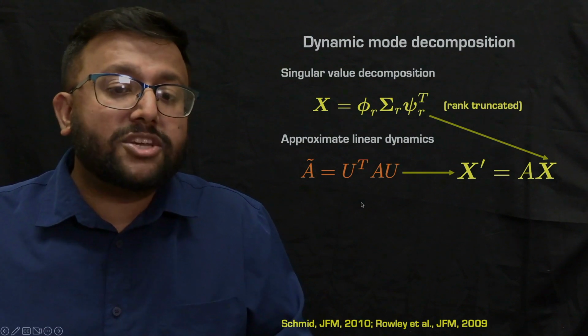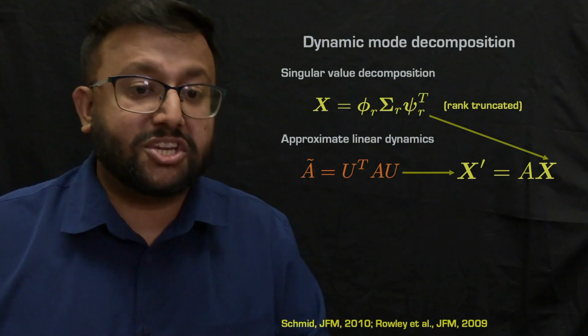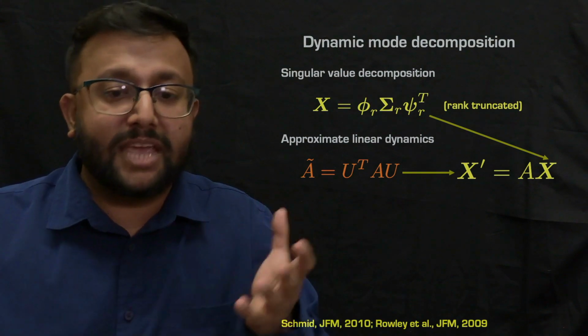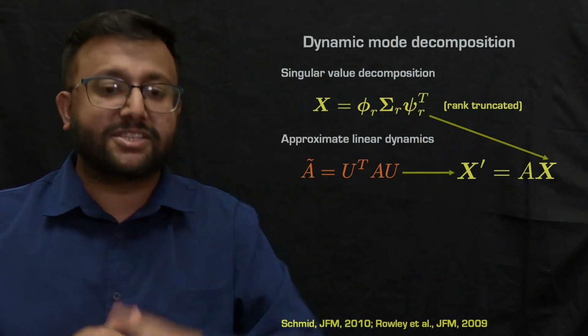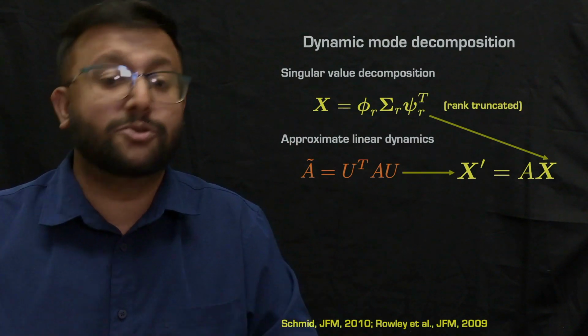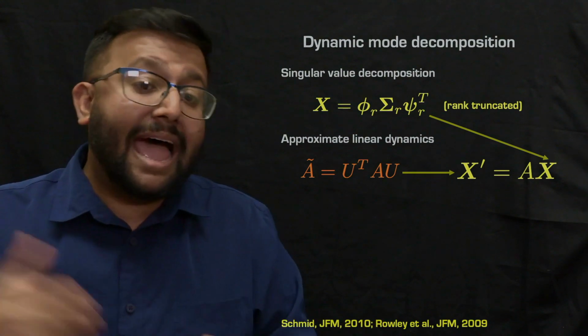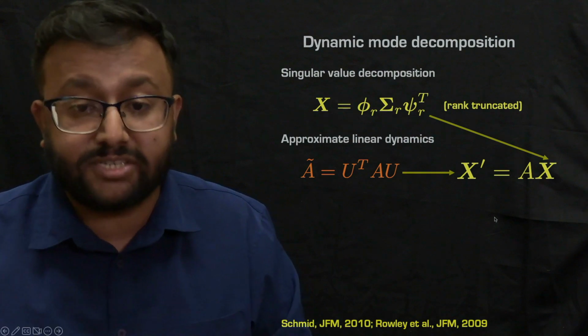So now we just do two substitutions. We substitute the fact that A tilde is just U transpose AU. U here just stands for phi, which is the left singular vectors. And we substitute that into x prime is equal to AX, as well as the rank-truncated SVD decomposition that we had in the first step.